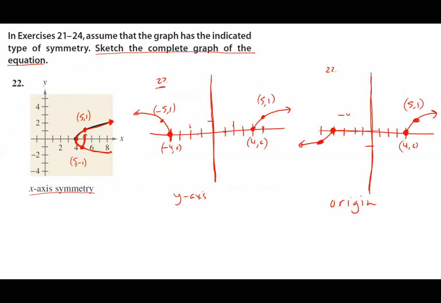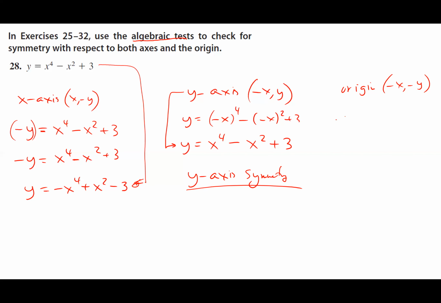Let's see, plug it in. Are you saying that the x is not x symmetry, so therefore it can't be the origin? Mhm. Multiply it through across, and I get myself this, which is now that, which is not the same thing, right?